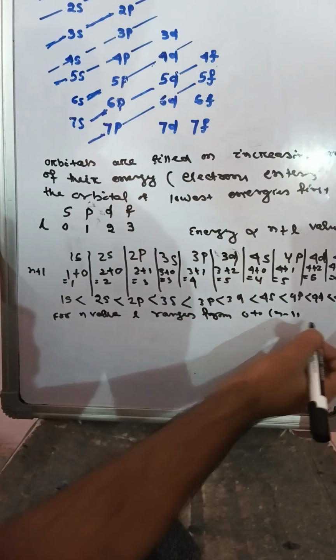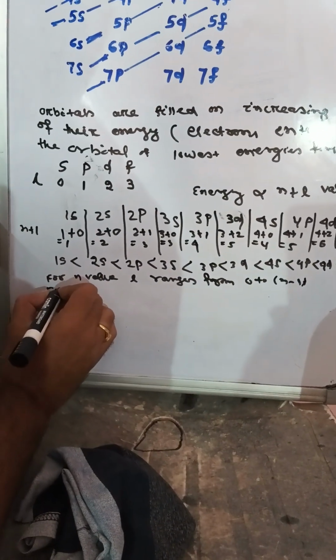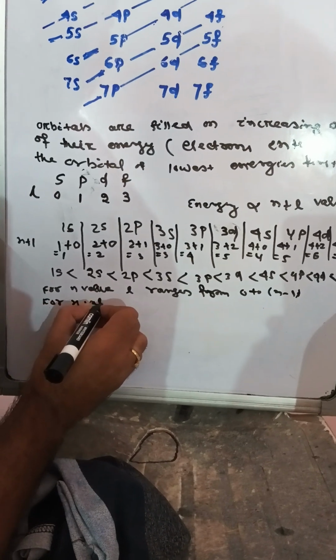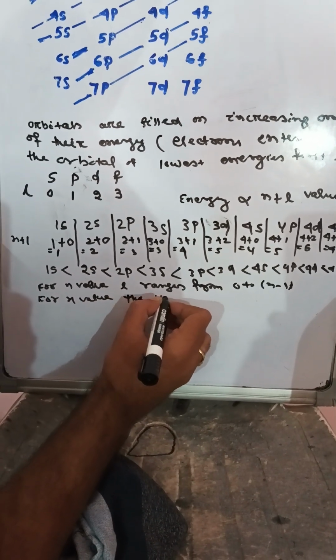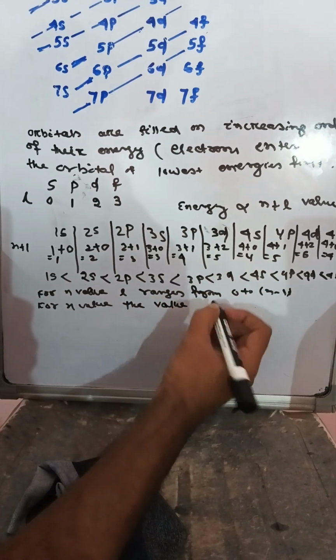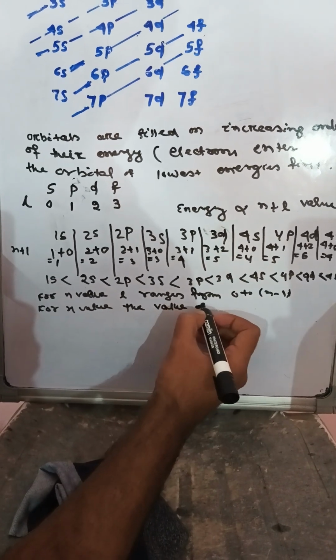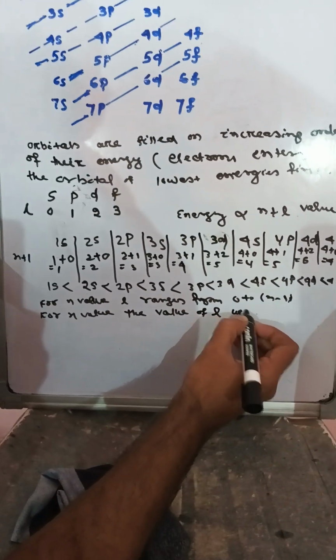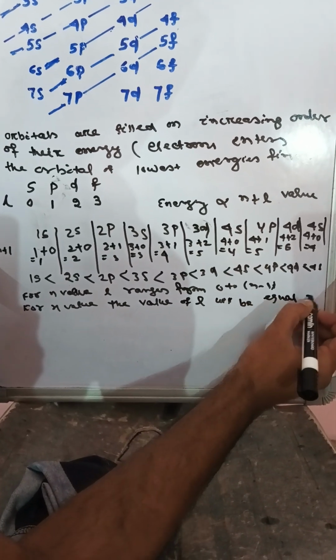For n value, l ranges from 0 to n minus 1.